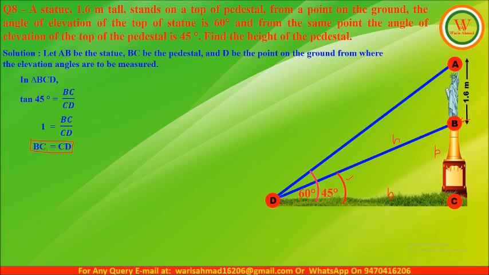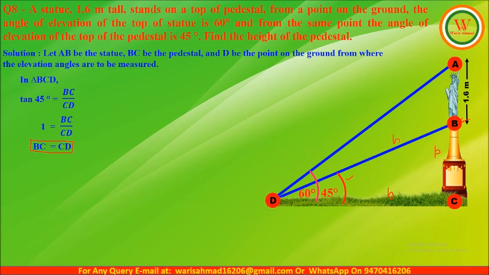Now after getting this equation, we will consider triangle ACD. In triangle ACD, there is an angle of 60 degree. Again we will apply tan 60 degree.